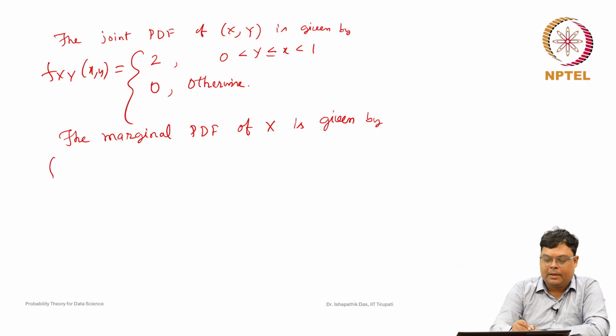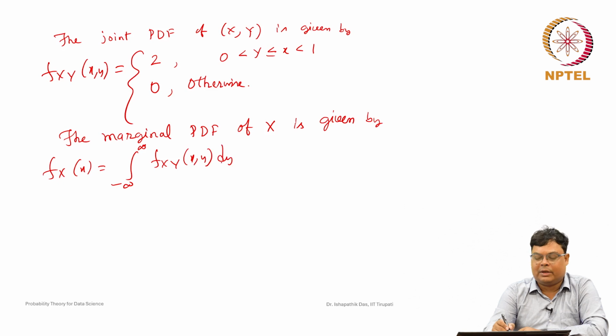By definition, f_X(x) is the integral from minus infinity to plus infinity of the joint density f(x,y) dy. We have to integrate the joint density function with respect to the other variable to find the marginal density of x.